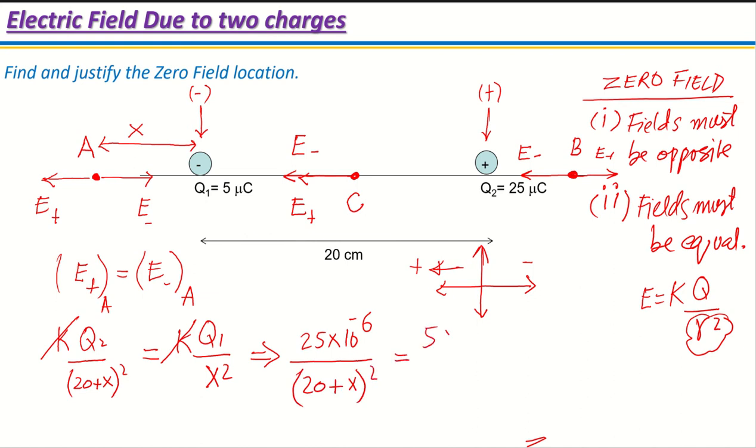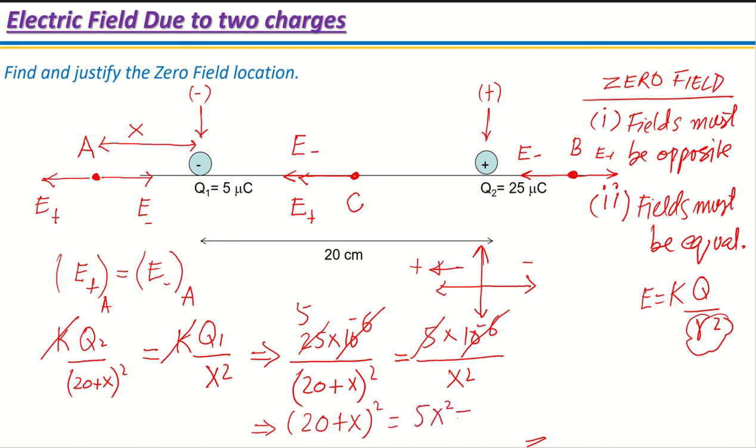And 5 into 10 to the power minus 6 divided by x squared. The 10 to the power minus 6 cancels, and 5 is also cancelled. So you can write 20 plus x whole squared is equal to 5x squared. That makes a quadratic equation.